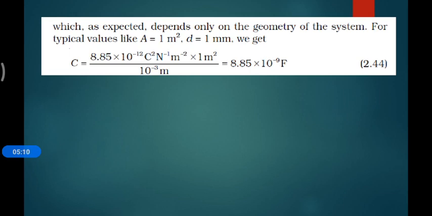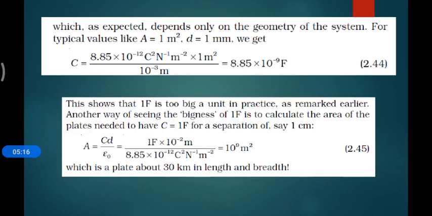Then if we want a 1 Farad capacitor, how huge must the plates be? Let us see. The 1 Farad is a very big unit in practice. So if we want a 1 Farad capacitor, how much plate area is needed? C is equal to epsilon 0 A by D reduces to A is equal to C upon epsilon 0.